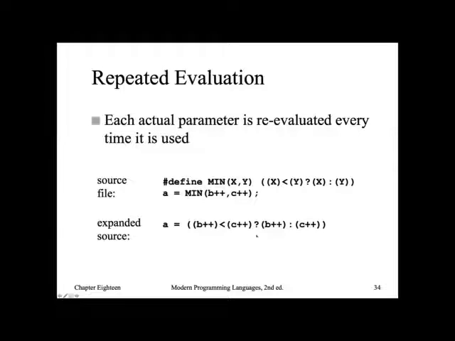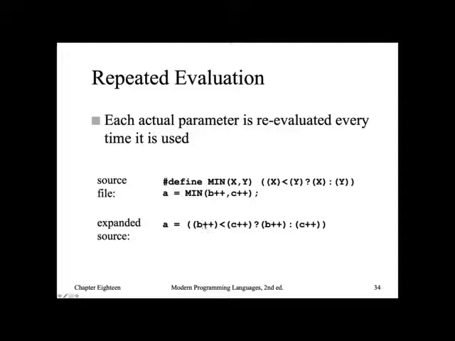Now I've got this ternary operator where it says, I want to say increment B, increment C, and then see which one's smaller. If B is less than C, then it's B, otherwise C. I literally go increment B, check and see if it's less than increment C. No, what's really going to happen is I'm going to look at B, evaluate it, then I'm going to increment it.